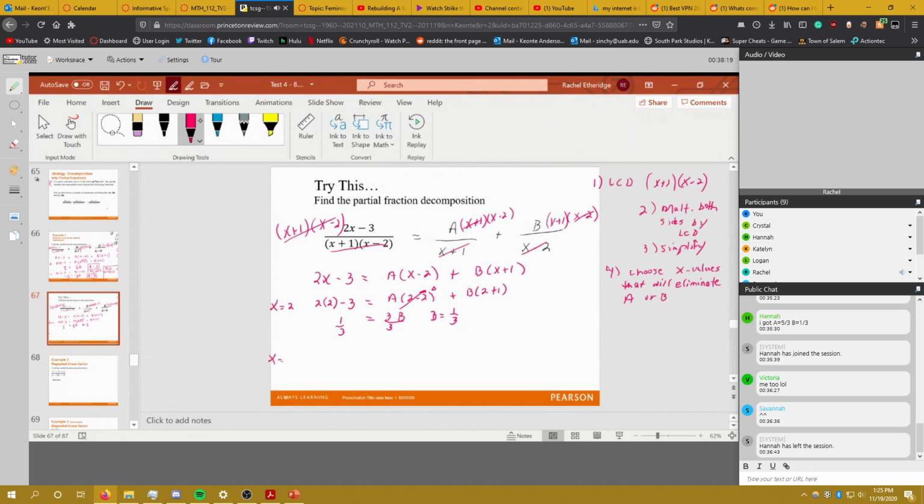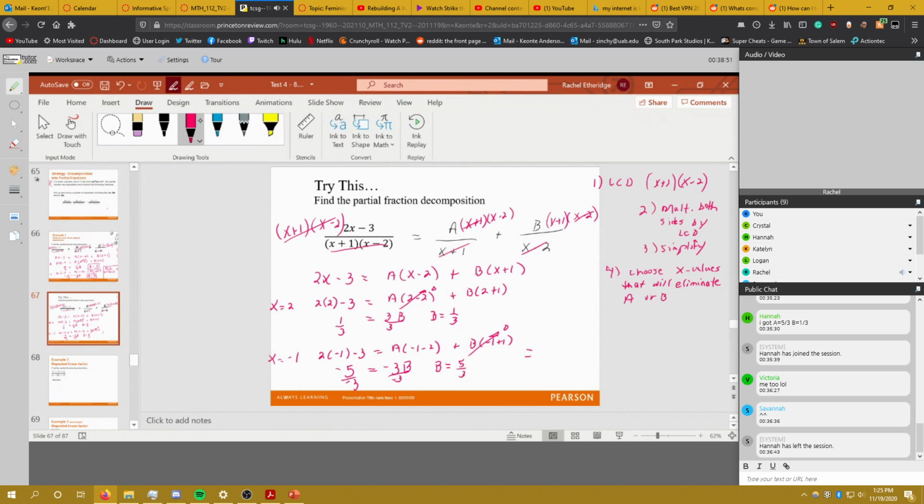And if I let x equal -1, now this one goes to 0, and I have -5 equals -3b, divide by -3, and I get b equals 5/3.